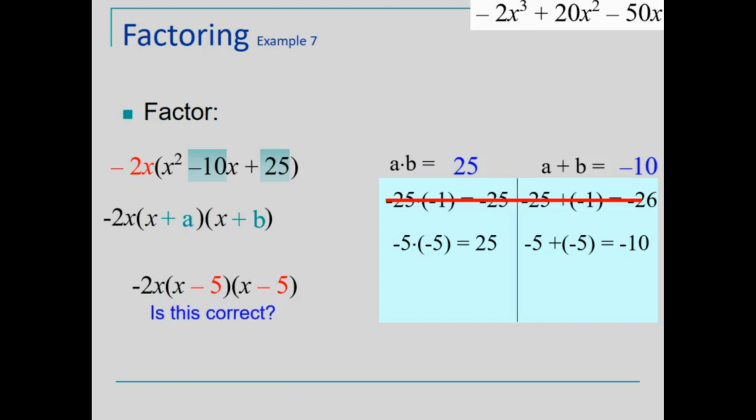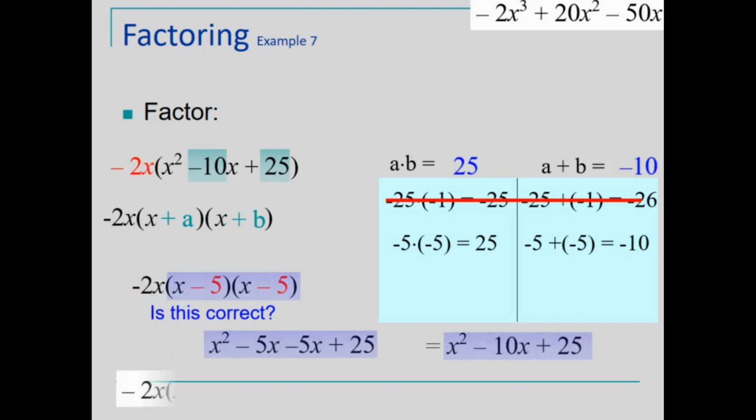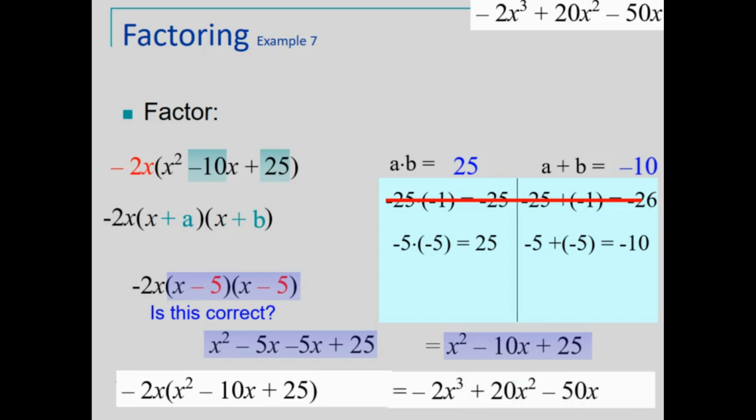So checking here, not only do we have the binomials which multiply to equal the trinomial, but we also have this largest common factor here, and multiplying the two binomials together and then multiplying that result using the distributive property with this coefficient, we do verify that we've factored this correctly.